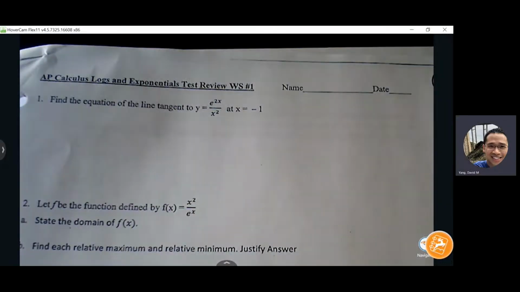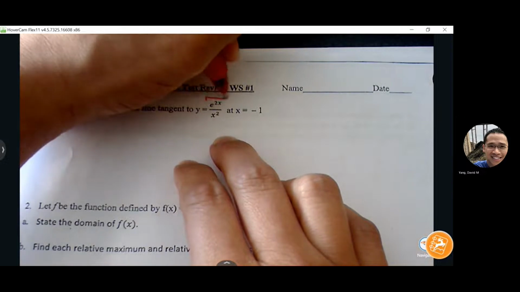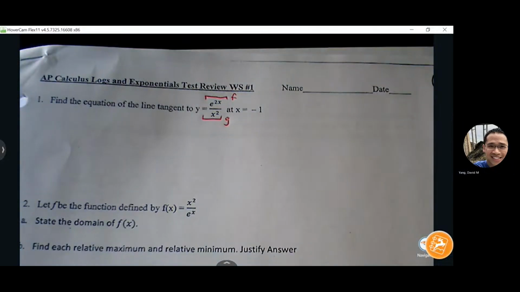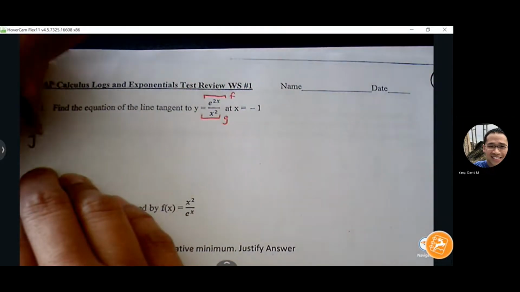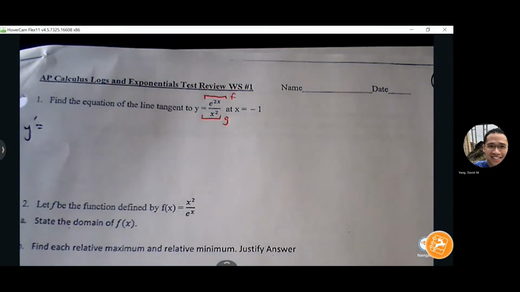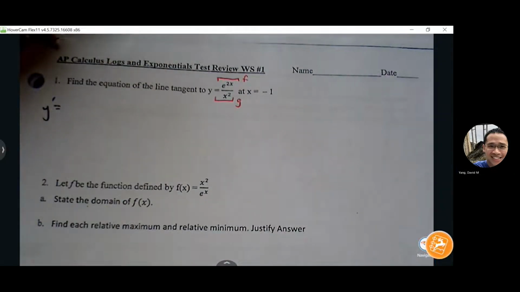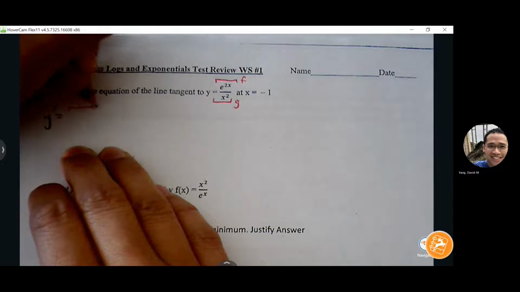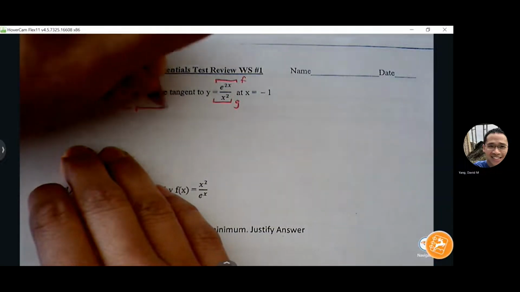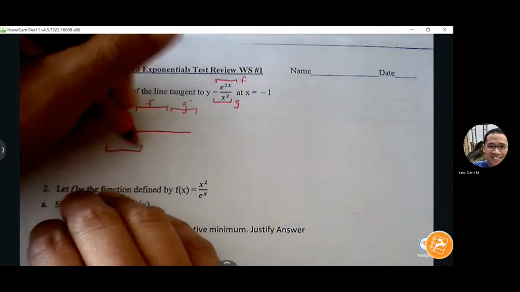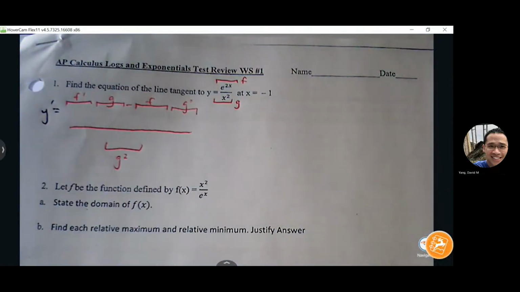We start off using quotient rule here. Okay, apply each term's derivative.